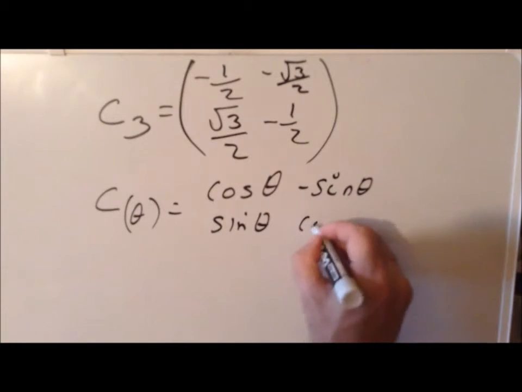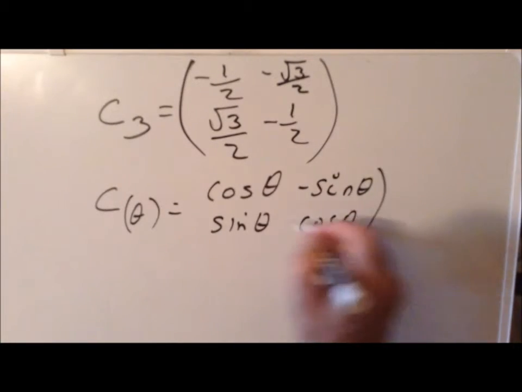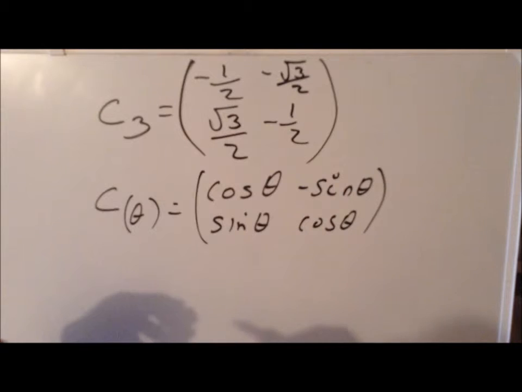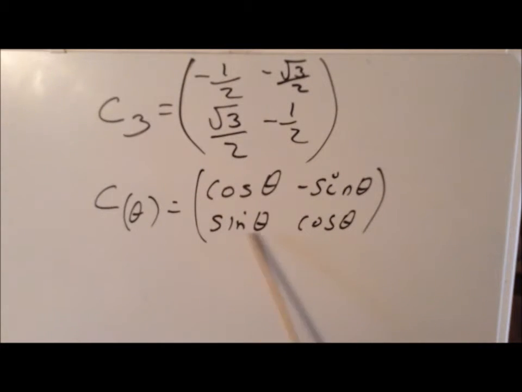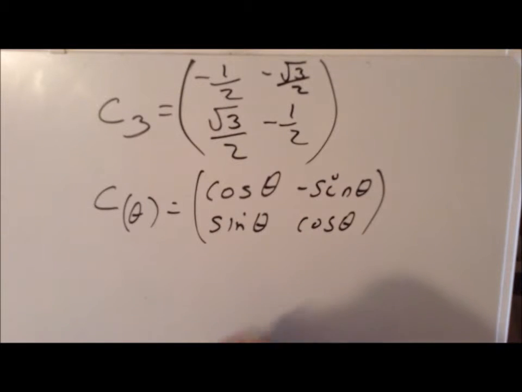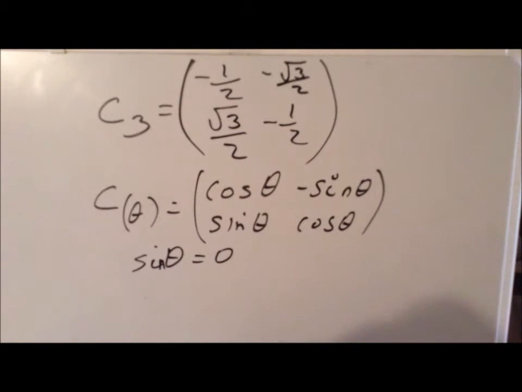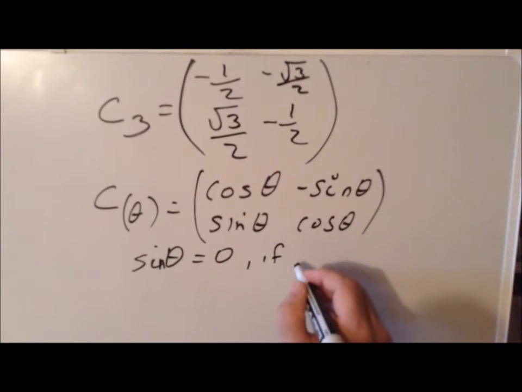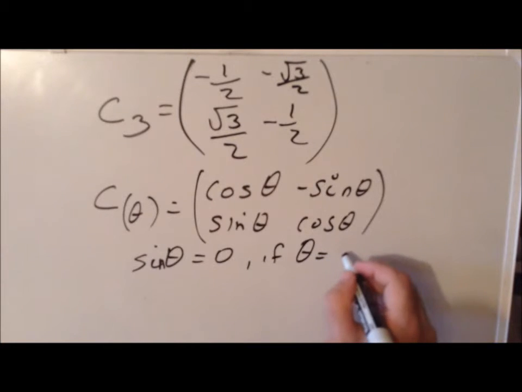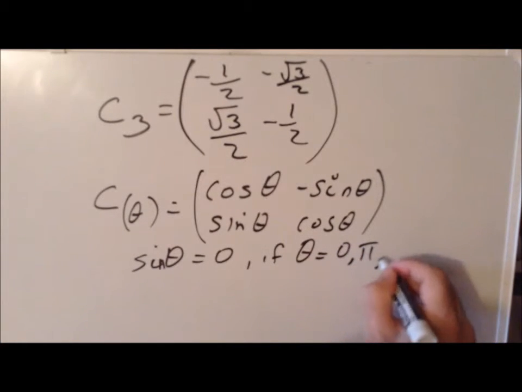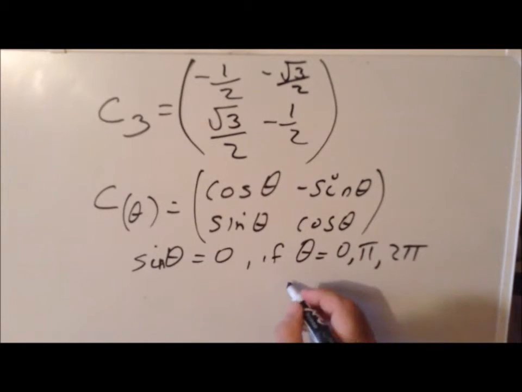And the feature that I want to emphasize is that the sine of theta is only going to be equal to 0 if theta is equal to something like 0, pi, 2 pi. So it's equal to some integer times pi. And that's if we do it in radians.